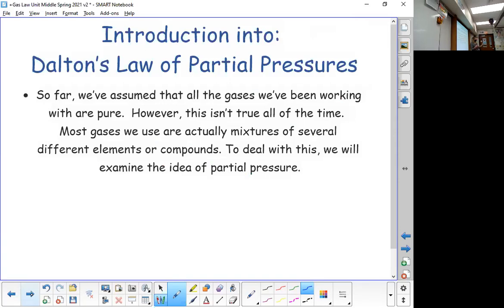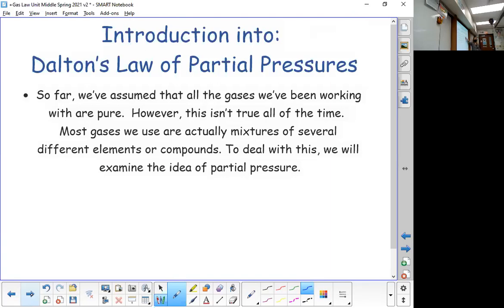The reaction you just did was probably pretty pure because it was the only gas being made. There may have been a little bit of water, but you made CO2, and it actually wasn't pure CO2 gas, because that gas was being bubbled out of an aqueous solution.